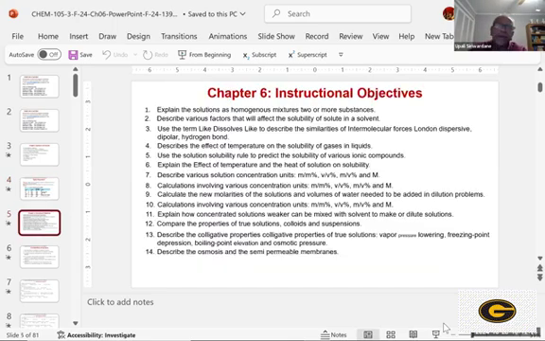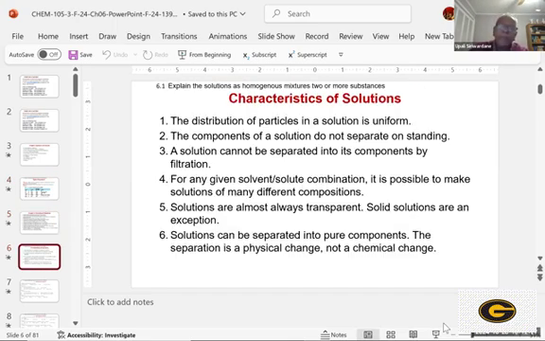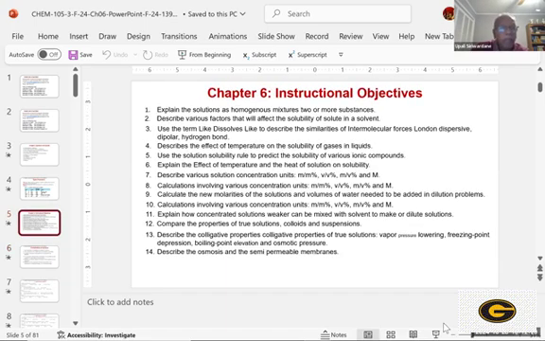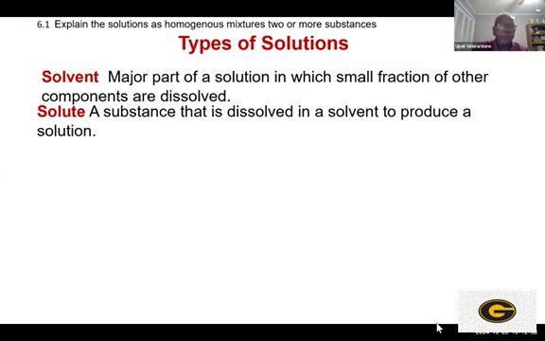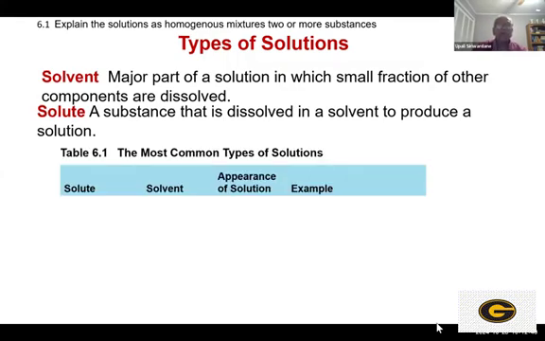Let's look into different types of solution. Let's look at the major types of solution. A homogeneous mixture is the name we use for solution.